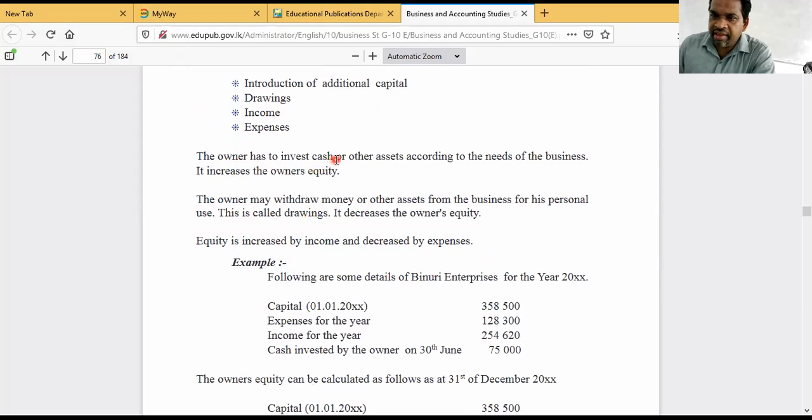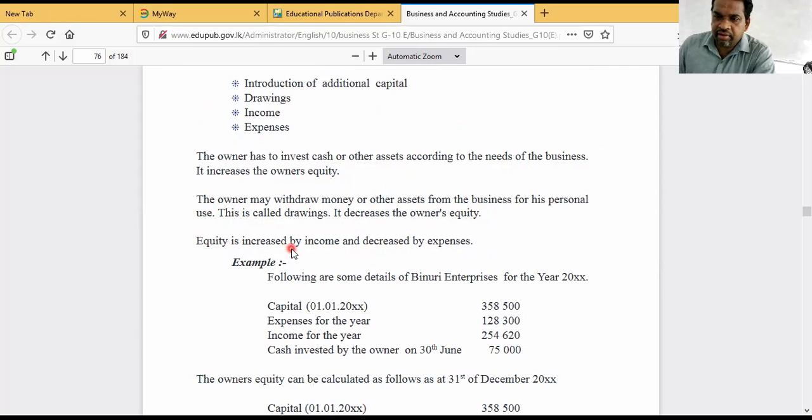The owner has to invest cash or other assets according to the needs of the business. It increases the owner's equity. The owner may withdraw money or other assets from the business for his personal use. This is called drawings. It decreases the owner's equity. Equity is increased by income and decreased by expenses.